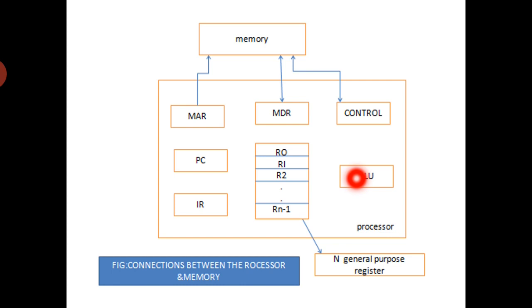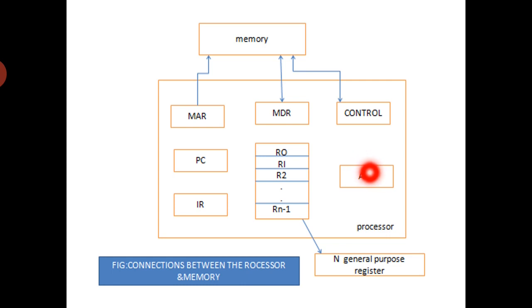After one or more operands are fetched in this manner, from the address register we search that address in the memory, and the data present in that memory location is transferred to the data register. The data register sends that data to the ALU. In this manner one or more operands are fetched.